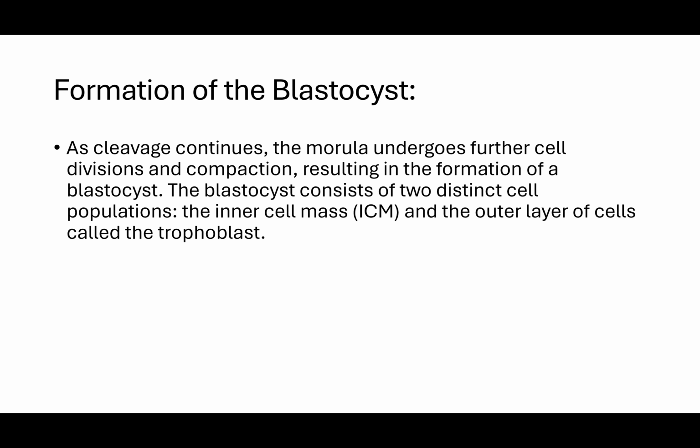The morula continues to undergo further cell divisions and compaction. So it's compact balls of cells that we're creating, resulting in the formation of a blastocyst. The blastocyst consists of two distinct cell populations: the inner cell mass and the outer layer of cells called the trophoblast.